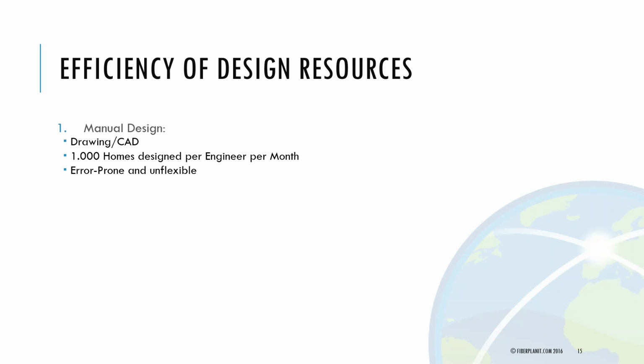With manual design, normally you can do around 1,000 homes per engineer per month, with the disadvantage that it's still an error-prone process, and also not that flexible. So doing a manual design is quite time consuming, and not very scalable.